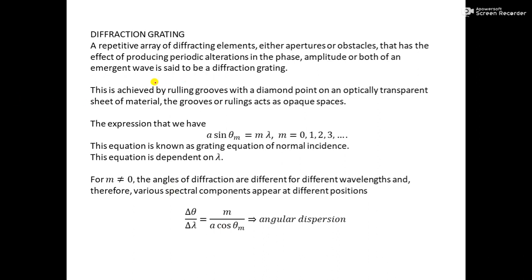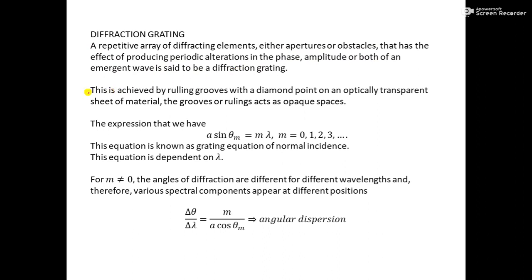Now, come to grating spectra. A repetitive array of diffracting elements, either apertures or obstacles, that produces periodic alterations in the phase, amplitude, or both of an emergent wave is said to be a diffraction grating.